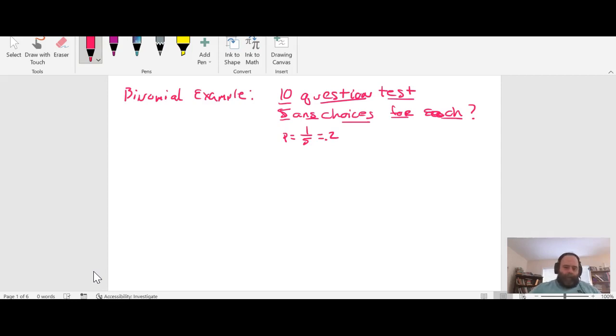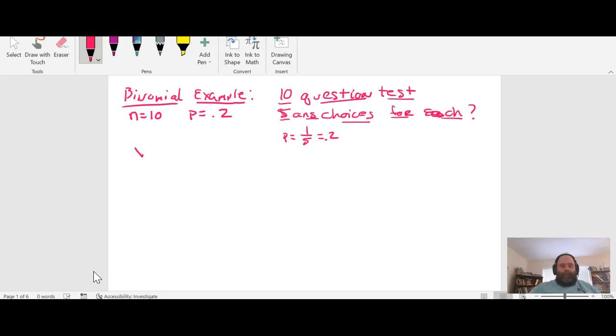So in my binomial example here, my number of independent trials is 10, and I'm going to guess on every single question, and my probability of success is going to be 0.2. Now, there is a crazy complicated formula that you can use to get the probability of having a certain number of successes.